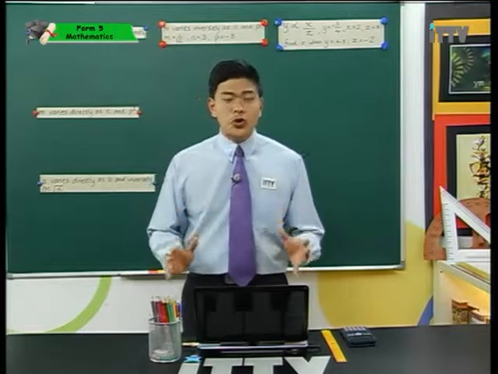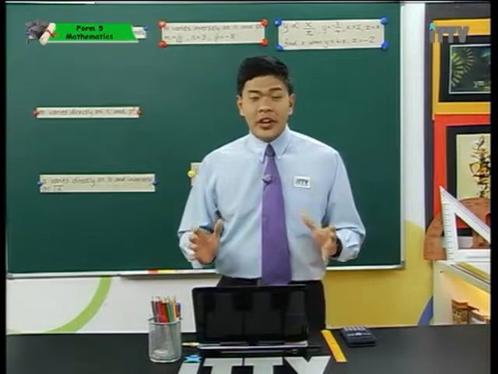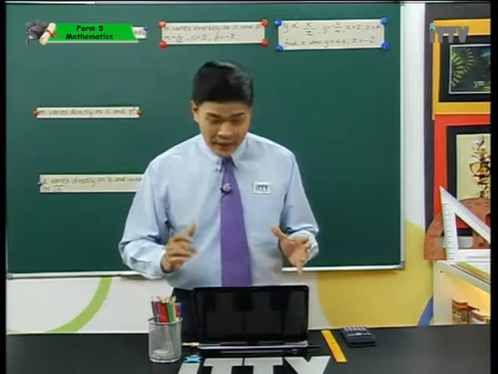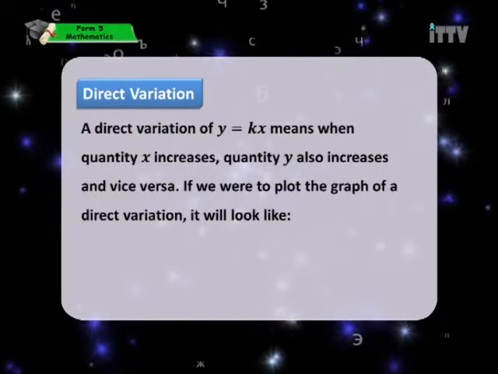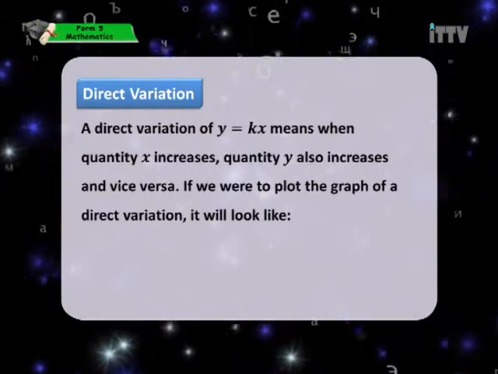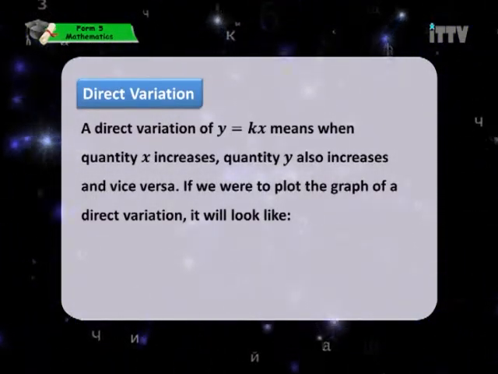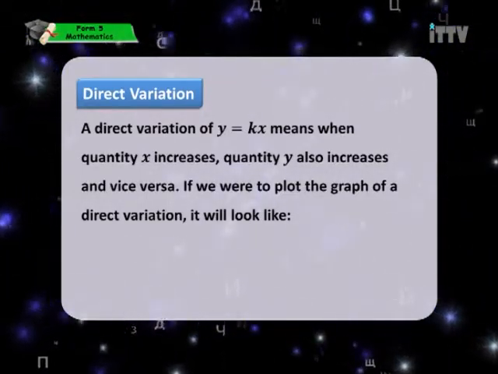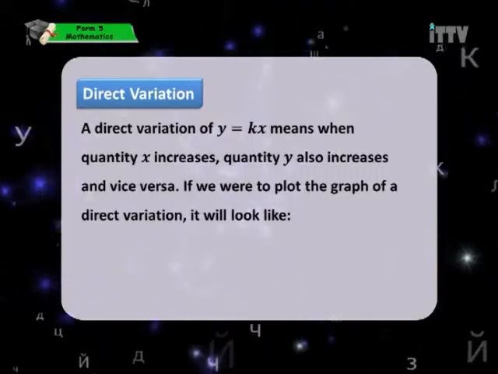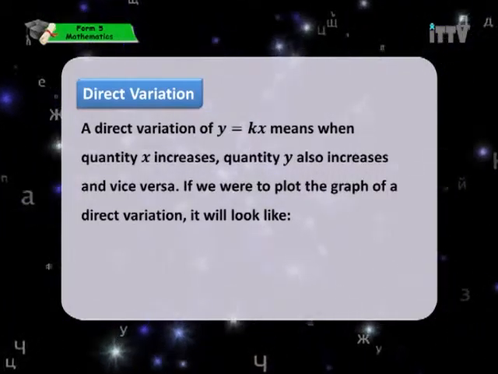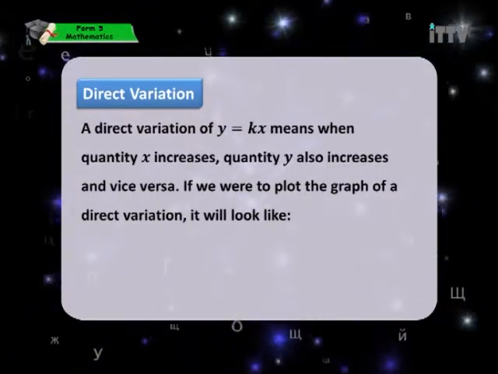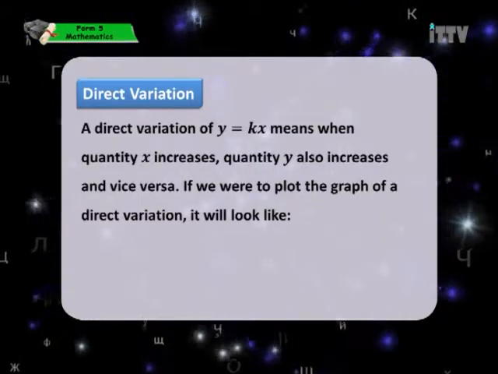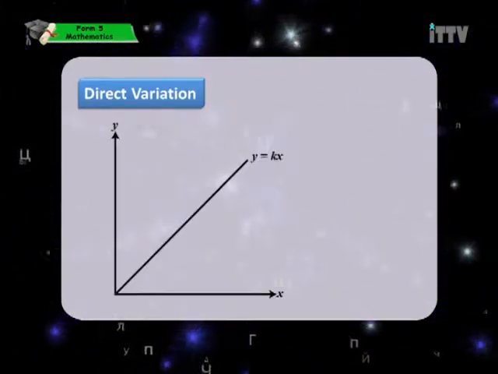Alright, now let's go through again those two variations which we have learned previously. Direct variation, we have learned that a direct variation of y equals kx means when quantity x increases, quantity y also increases and vice versa. If we were to plot the graph of a direct variation, it will look like this.